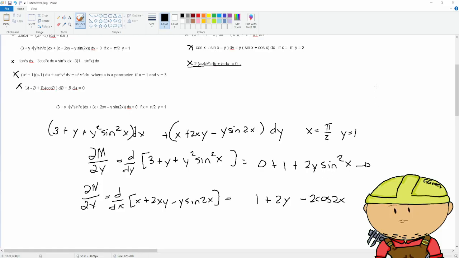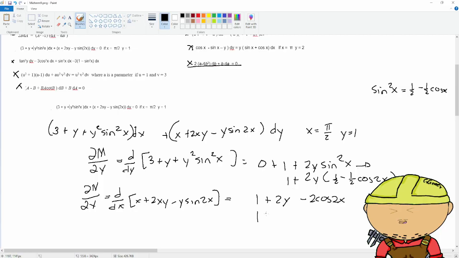Sine squared x is equal to 1 half minus 1 half cosine 2x. So that's 1 plus 2y times (1 half minus 1 half cosine x).